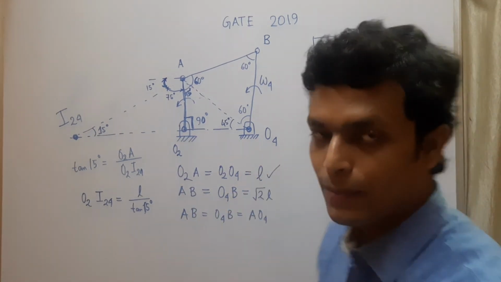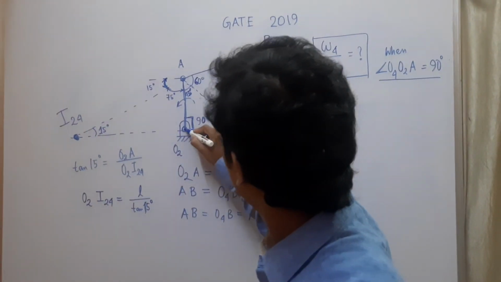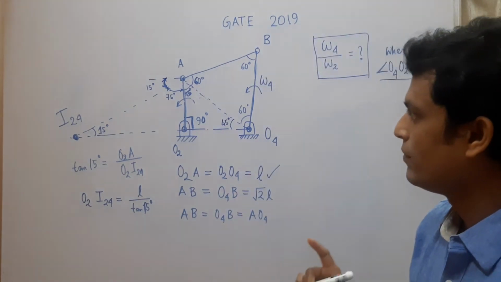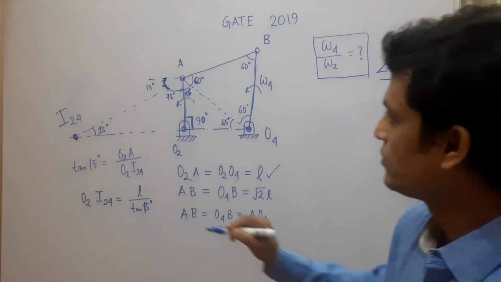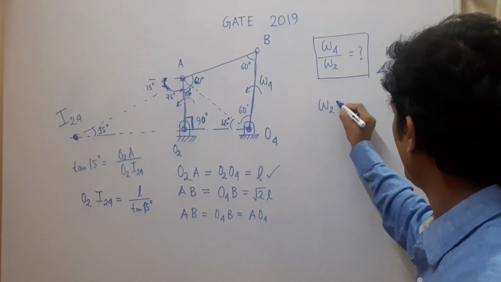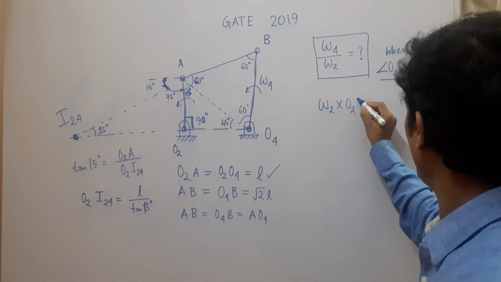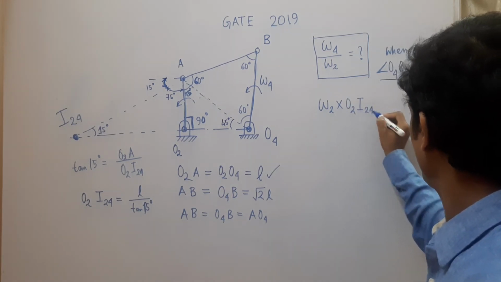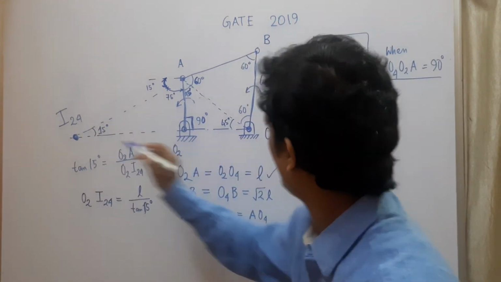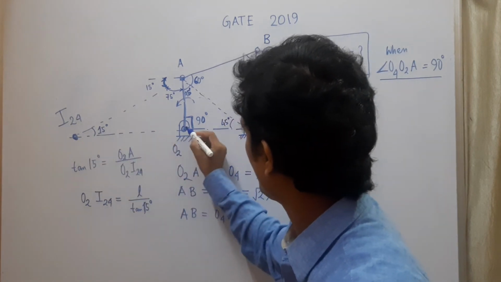Now we are going to apply our fundamental that at point I24, link 2 and link 4 have the same velocity. So what is the velocity of link 2 at I24? That is omega 2 into O2 I24, the distance of I24 from the hinge point.